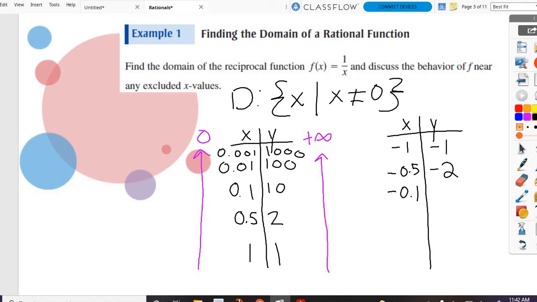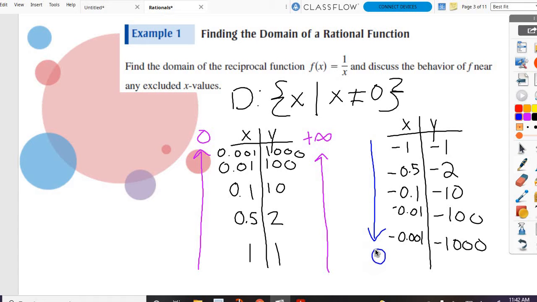Yes. So I'll get negative 10, negative 100, and negative 1,000. So this time, as my x value is getting closer and closer to 0, what is our y value getting closer and closer to? Negative infinity, because we're getting more and more and more negative.